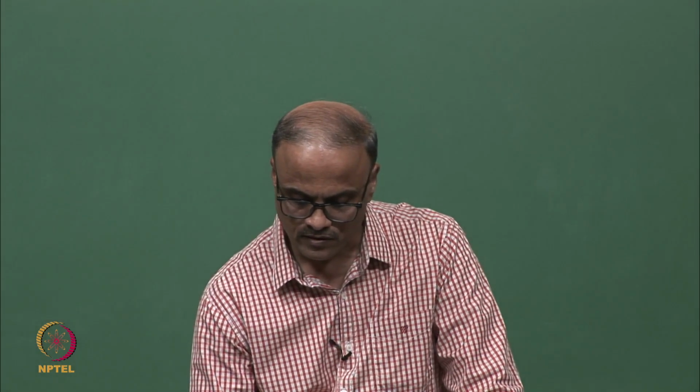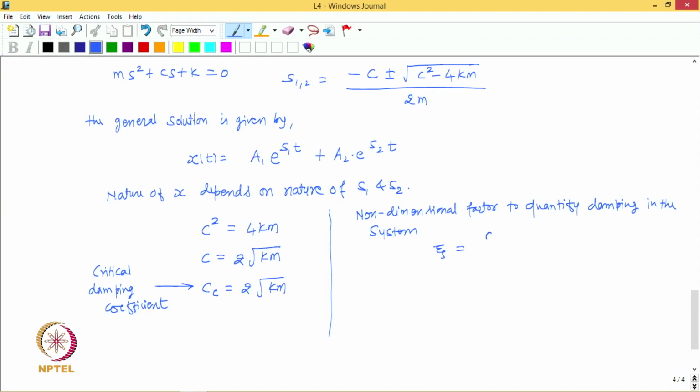So, C upon Cc is called the damping factor or viscous damping factor, okay, and is the ratio of the actual damping coefficient which exists in the system to the critical value of the damping coefficient.